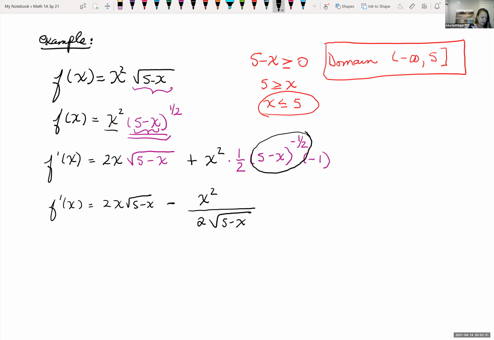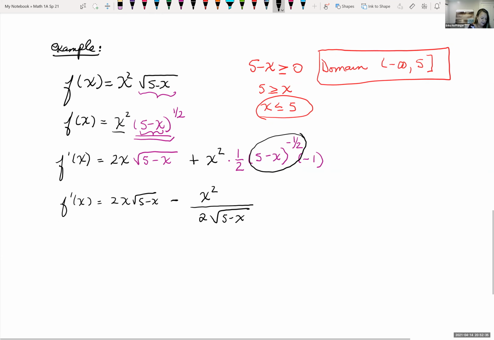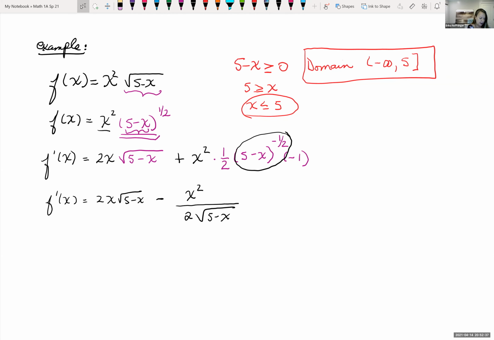Okay, so we need to find where this is undefined, but defined in our original domain, and where this is equal to 0. So let's start with equal to 0. So if we do that, we get 2x square root of 5 minus x, minus x squared, all over 2 square root of 5 minus x.